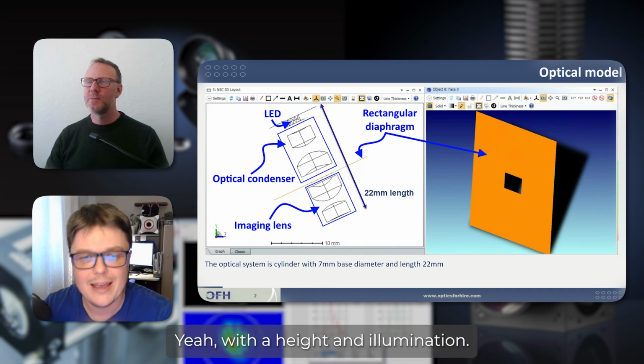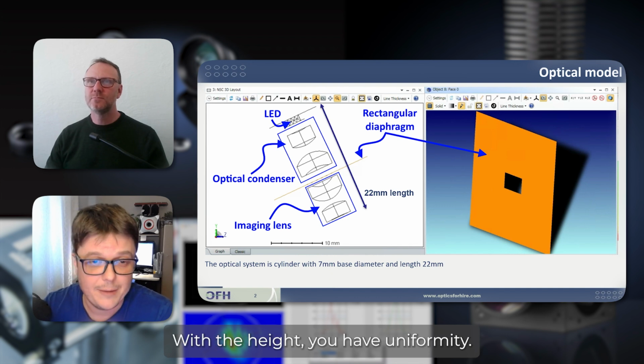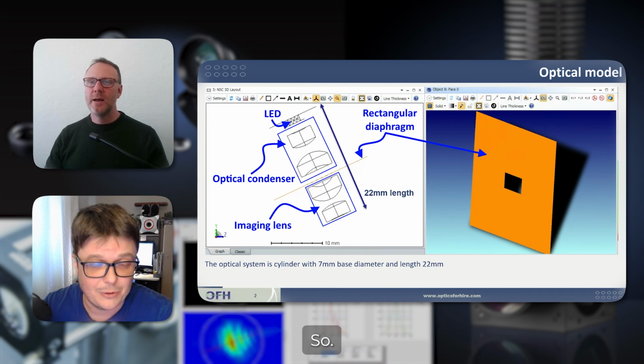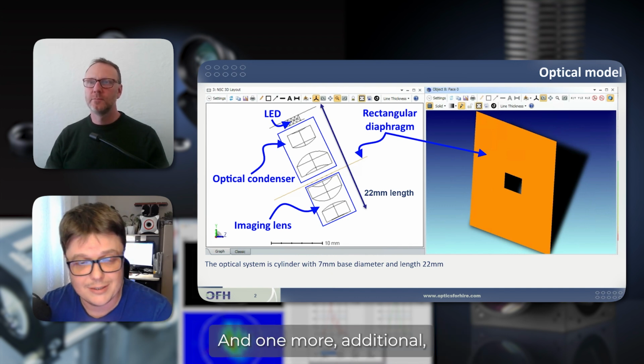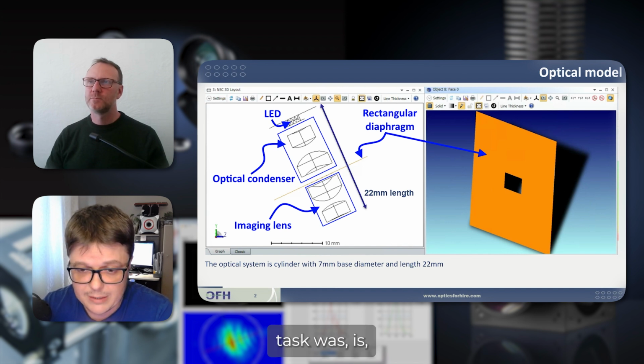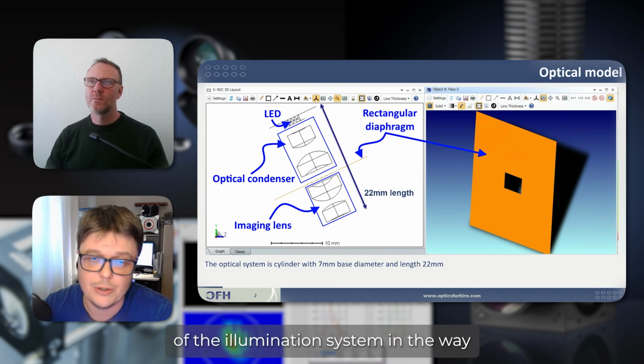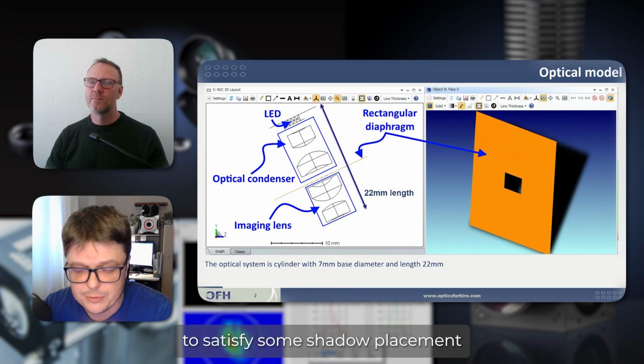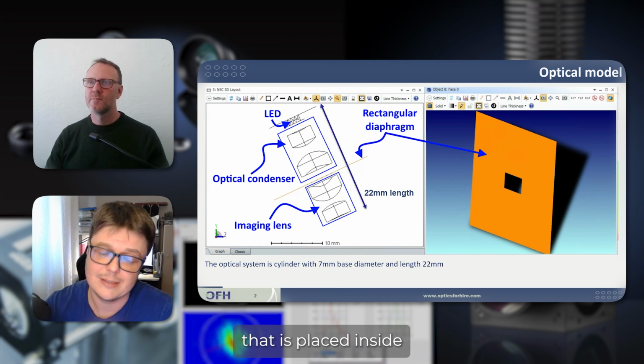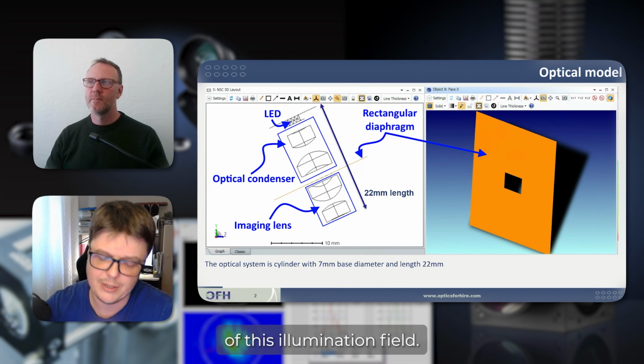And one more additional task is choosing the angle and specifics of the illumination system in the way to satisfy some shadow placement from the object that is placed inside of this illumination field.